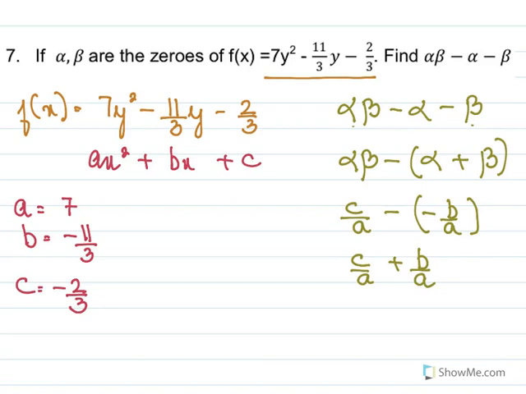So let's put the values. Our c is minus 2 by 3 over 7 plus b is minus 11 by 3 by 7.